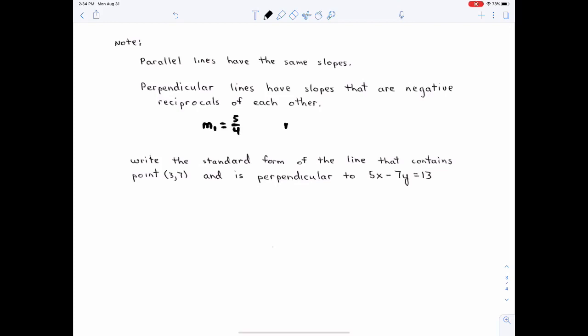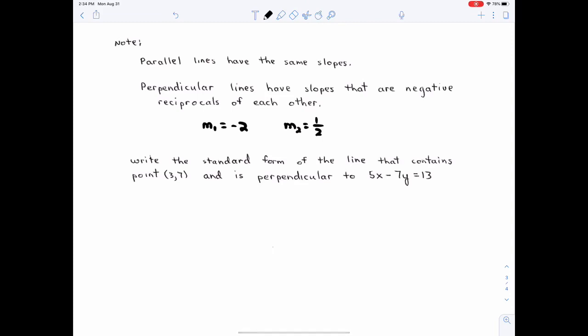And I want the slope of a second line, which is perpendicular to it, it's -4/5. That's a negative reciprocal. Okay? So if I tell you the slope of one line is -2, then the negative reciprocal of that is 1/2. That would be the perpendicular.